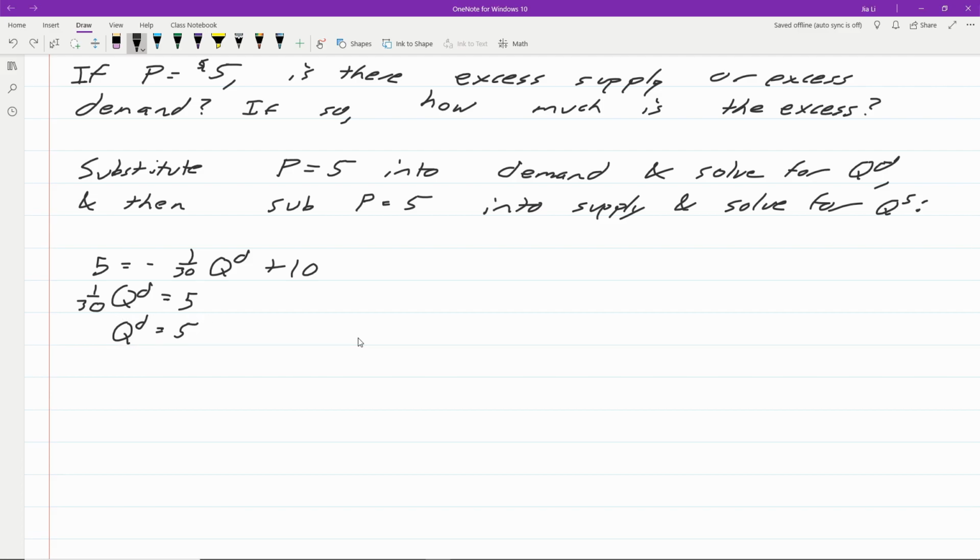There we go. Misread a section from my notes. Quantity demanded should be 150 at the price of $5. Now with supply, 5 is equal to 1 over 70 QS. That means QS will be 350.